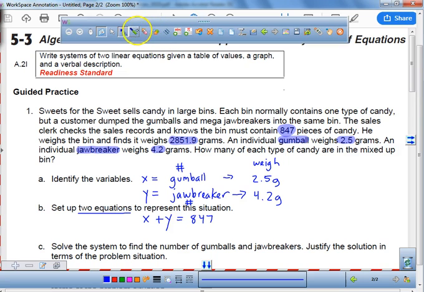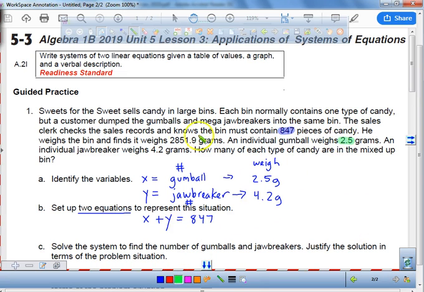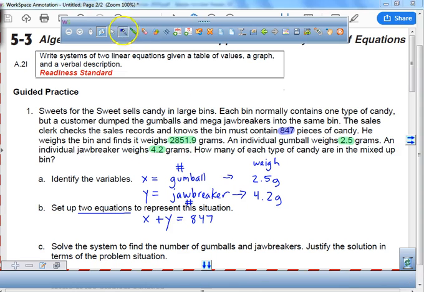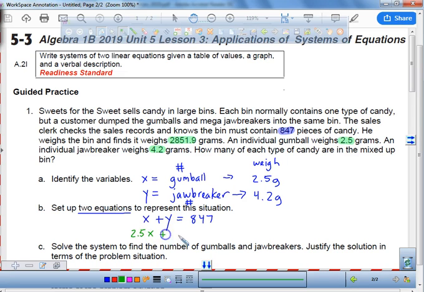Now, I want you to understand what we just did here. I'm going to erase everything that I highlighted and focus on what we just did. We know there's 847, so that's that part right there. The next part we're going to talk about is the weighing. I'm going to put this one in green. How much does the gumball weigh? 2.5. So I want you to write 2.5x plus 4.2y equals a total of 2,851.9 grams.